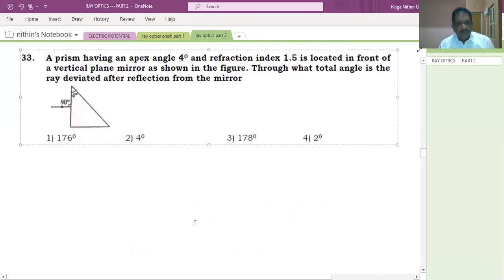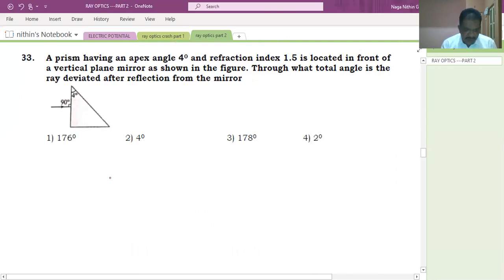Next. Prism having an apex angle 4 degrees and a refractive index 1.5 is located in front of a vertical plane mirror as shown in the figure. Through what total angle is the ray deviated after reflection from the mirror?